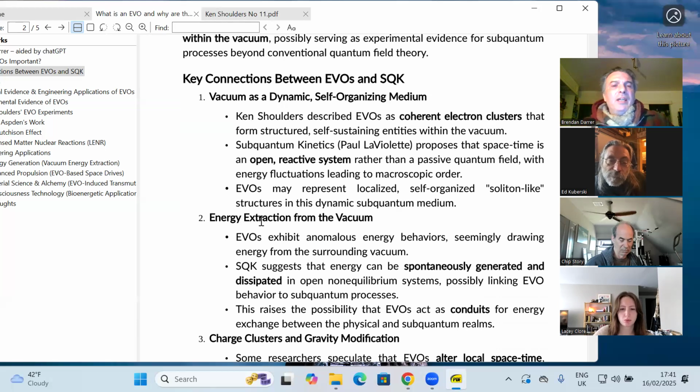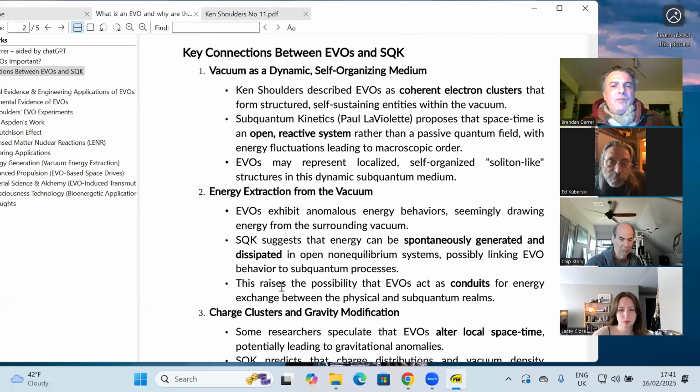Number two, energy extraction from the vacuum. EVOs exhibit anomalous energy behaviors, seemingly drawing energy from the surrounding vacuum. SQK suggests that energy can be spontaneously generated and dissipated in open, non-equilibrium systems, possibly linking EVO behavior to subquantum processes. This raises the possibility that EVOs act as conduits for energy exchange between the physical and subquantum realms.